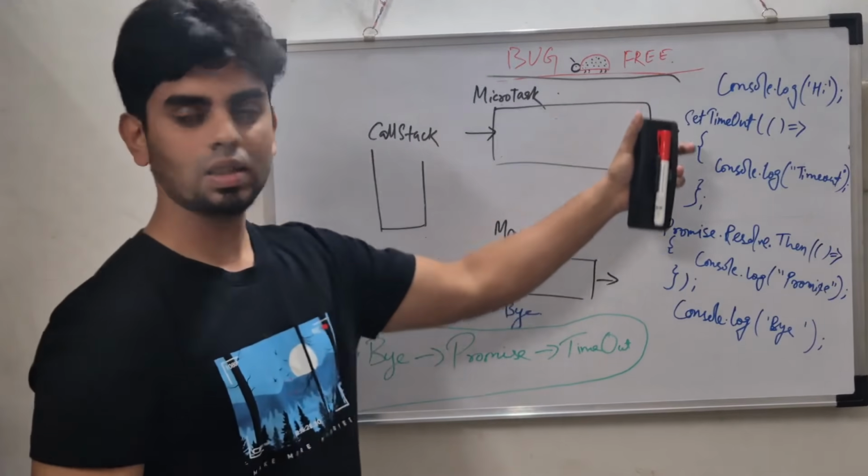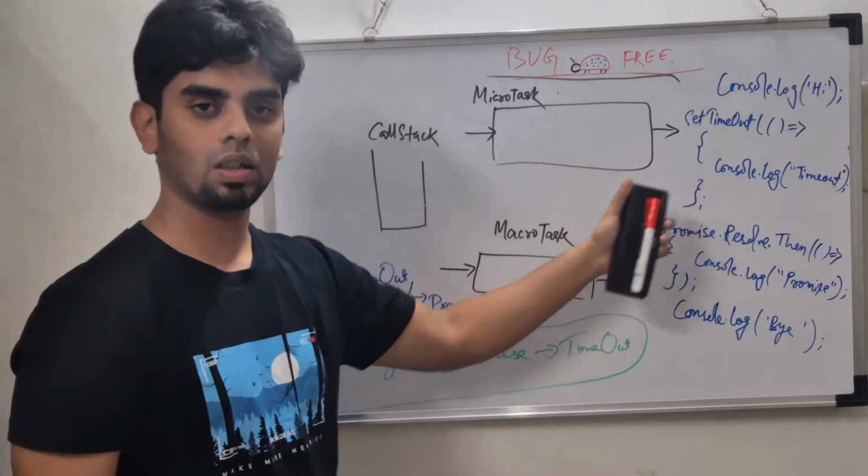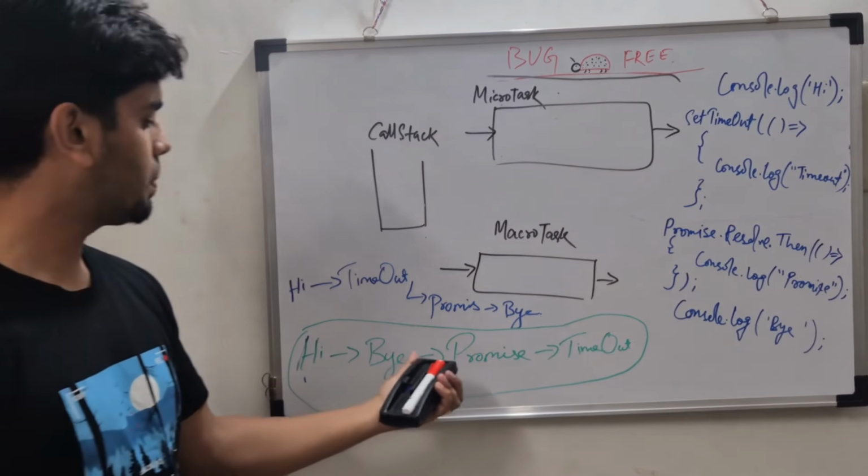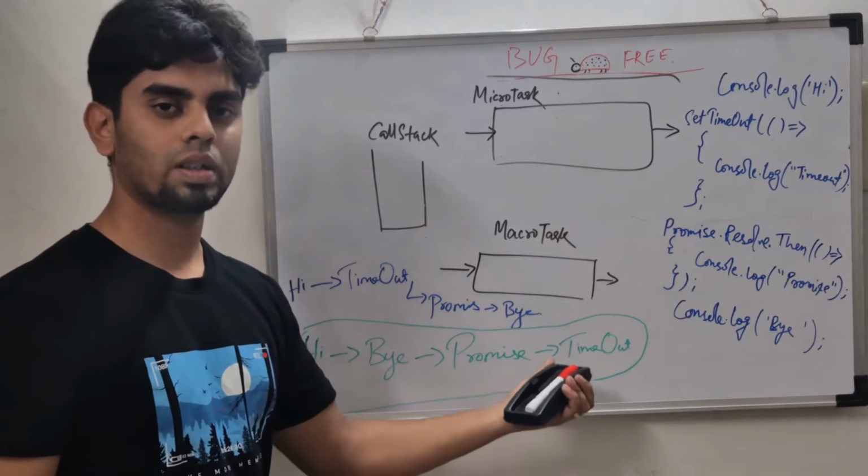If this code is getting executed in the JavaScript compiler, the output will come like hi, then bye will get printed, then promise will get printed, then followed by the timeout.